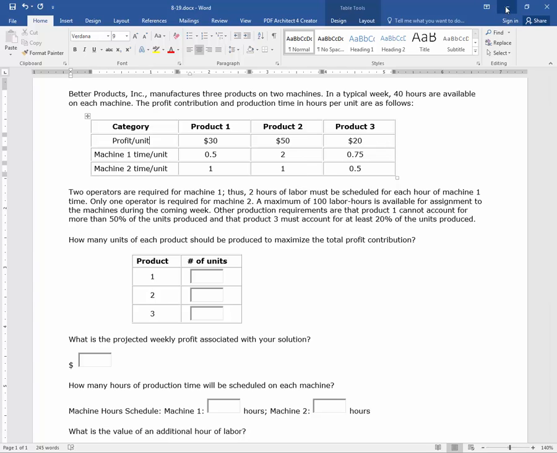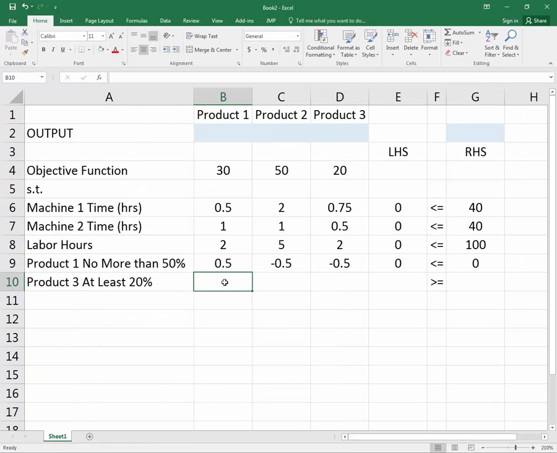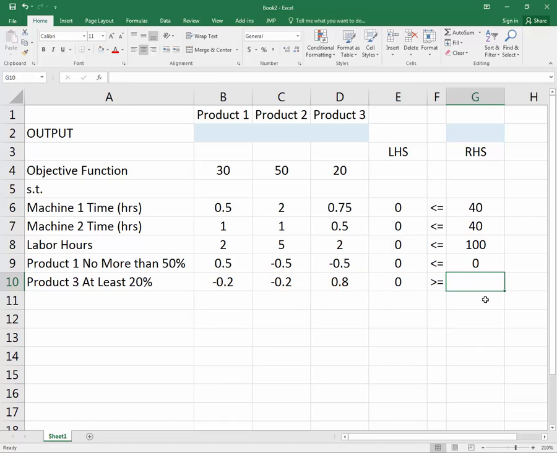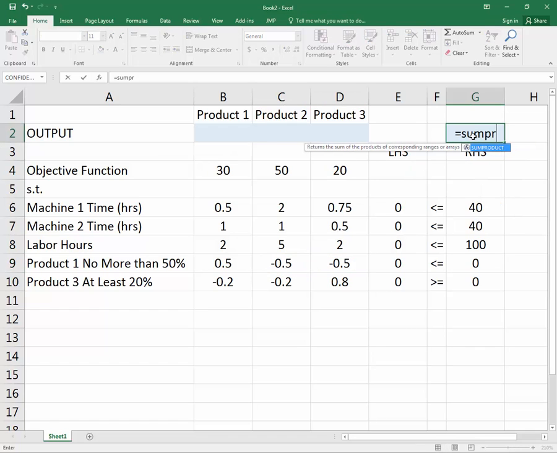At least 20%. All right. So this will be a negative 0.2, negative 0.2, 0.8, and that sum product came through for us. And this would be a 0. Alright, so if you don't understand where this came from, go back and watch this one because it's basically the same thing. And then we need an objective function value.